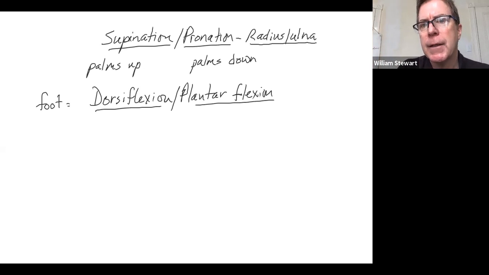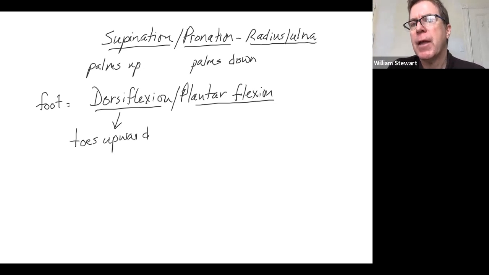When we dorsiflex, we basically turn our toes upward. If you're seated and you stick your legs straight out and you point your toes, not pointing your toes like a ballerina, but pulling your toes upward, that's dorsiflexion. Plantar flexion is the opposite. That's pointing the toes down.